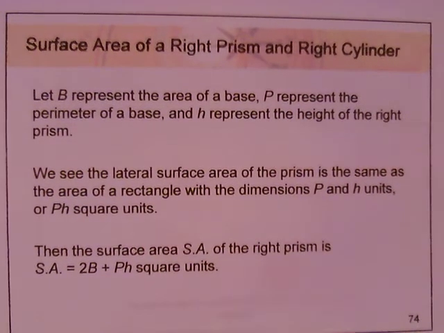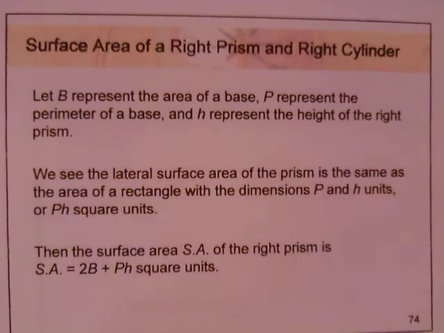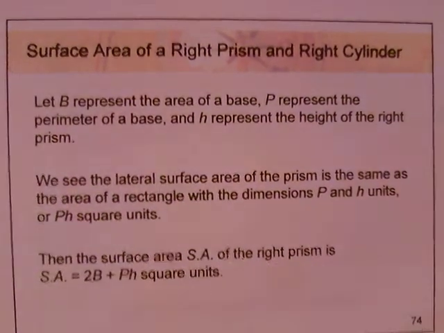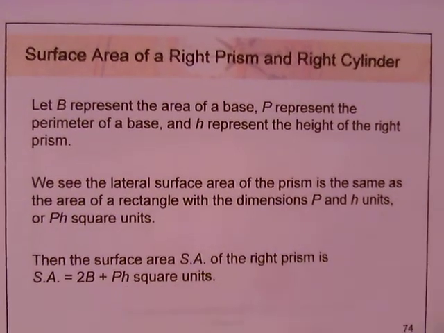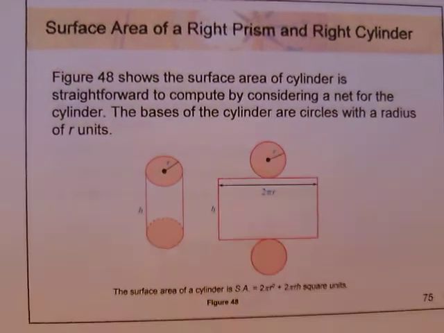Then the surface area, abbreviated SA, of the right prism is SA = 2B + PH square units. That's your surface area.